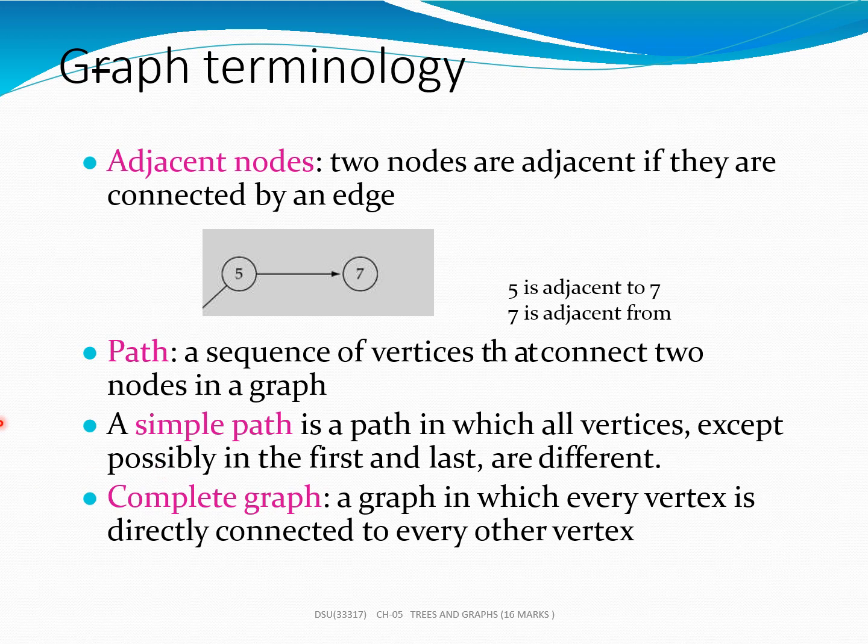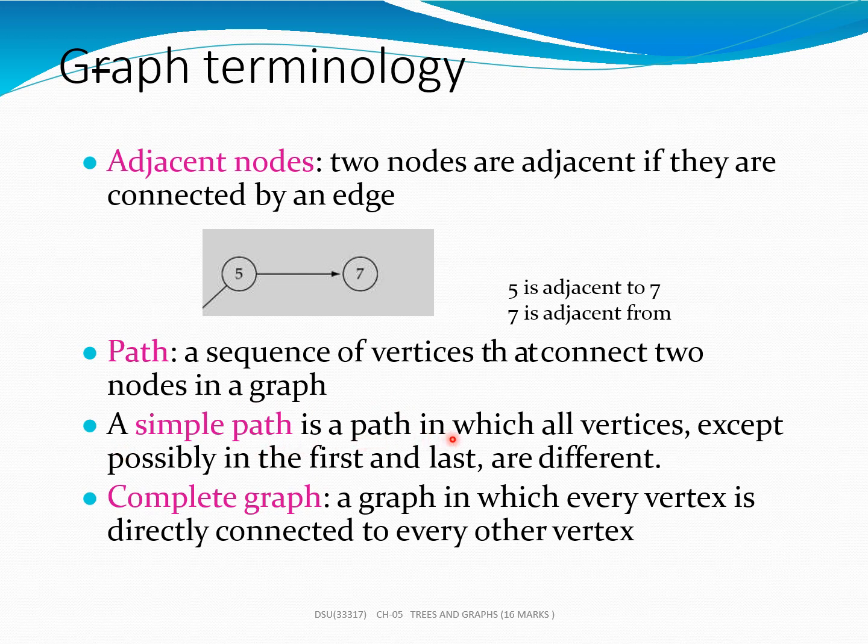Graph terminology. Adjacent node: two nodes are adjacent if they are connected by an edge. See here, 5 is adjacent to 7 and 7 is adjacent from 5. Path: a sequence of vertices that connect two nodes in a graph.